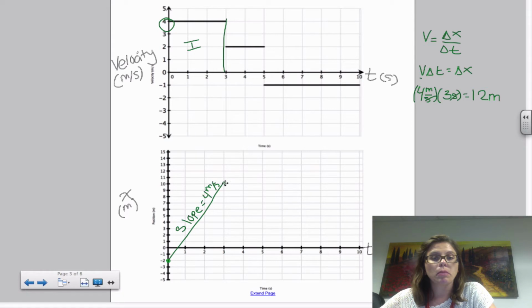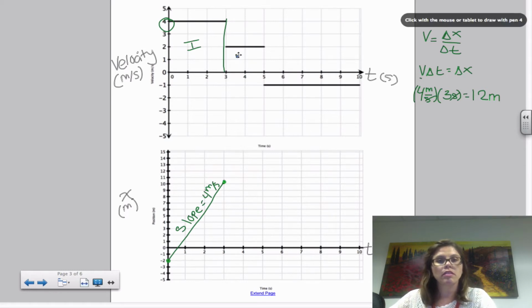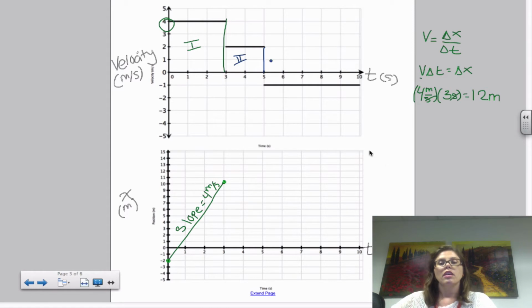Okay, so let's try part 2. So now we are up here. First, you ask yourself, are we going forward or are we going backwards? We're going forwards, going forwards because the velocity is positive. So we do the same thing. Velocity is change in x over change in time.